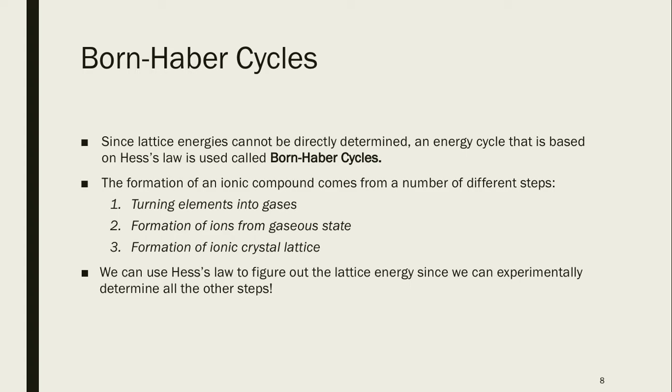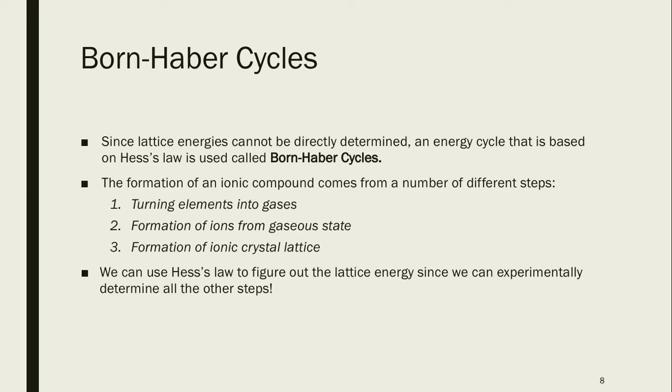Now, there is a problem because lattice enthalpies or lattice energies cannot be directly determined, right? We can't go into the lab and experimentally determine it. An energy cycle that is based on Hess's law is used, and this is called the Born-Haber cycle.